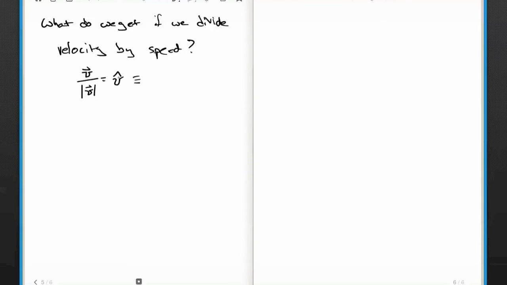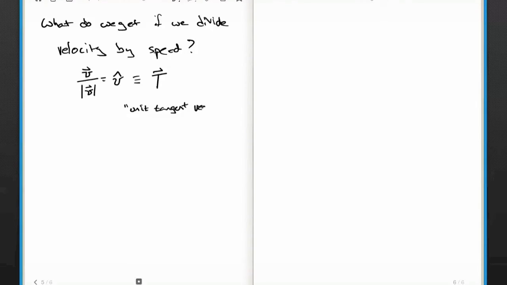So if that's at some point on the trajectory, on the path of this particle, what does that give us? It gives us a tangent. It gives us a unit vector tangent to the path. So that gives us what we call this thing T, which is called the unit tangent vector.